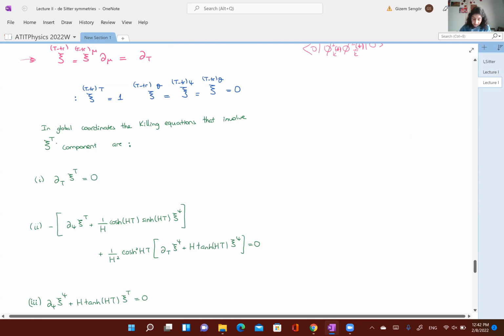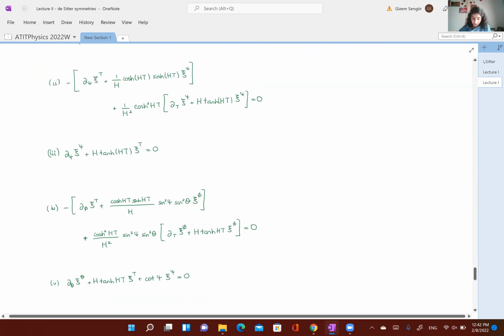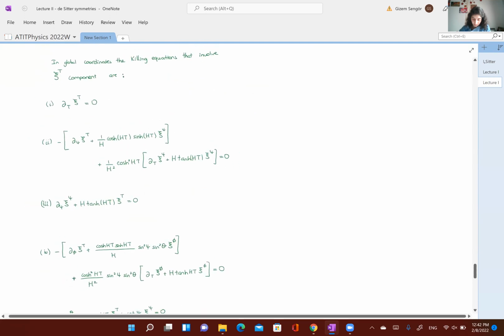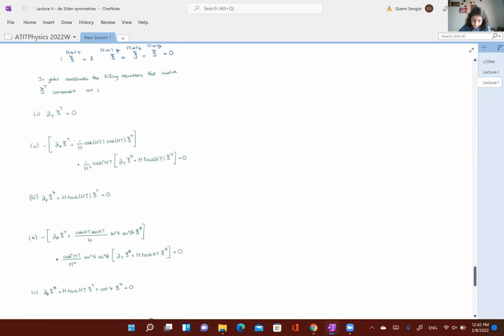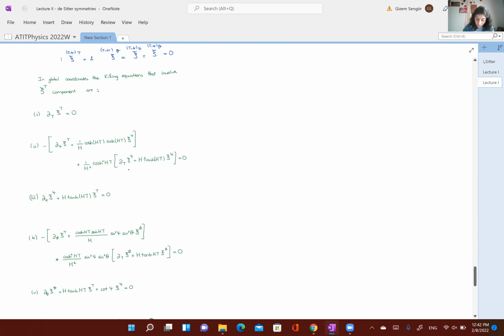But if you look at the Killing equations that involve this time component of the Killing vector in global coordinates, these are the equations you have. You can try to see if this vector can be a solution to all these equations simultaneously.